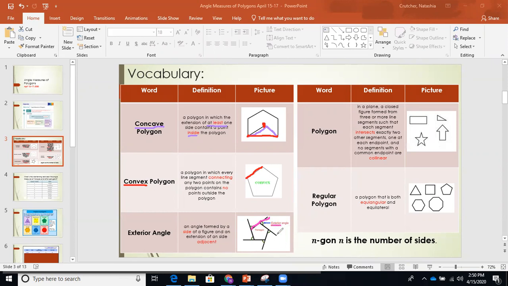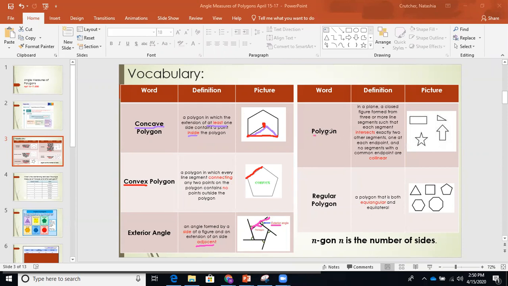An exterior angle is the angle on the outside of our shape, an angle formed by a side of a figure and an extension of an adjacent side. Remember, adjacent just means right next to. So we have an angle here and an angle there, those are adjacent angles. We're just extending our side.